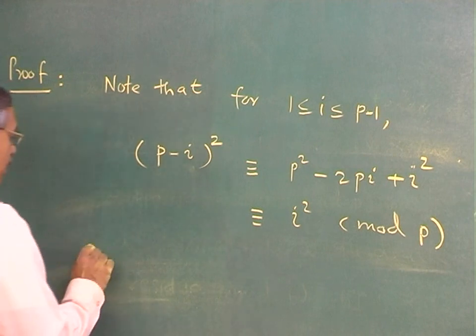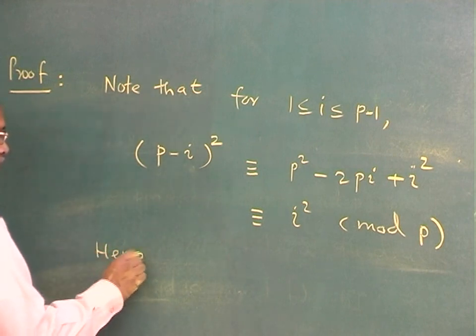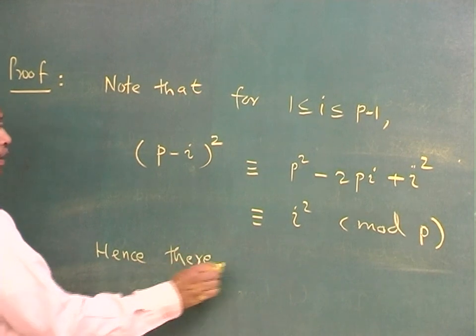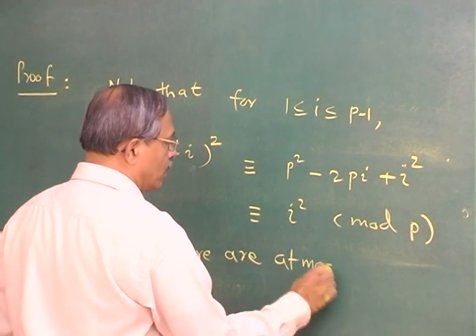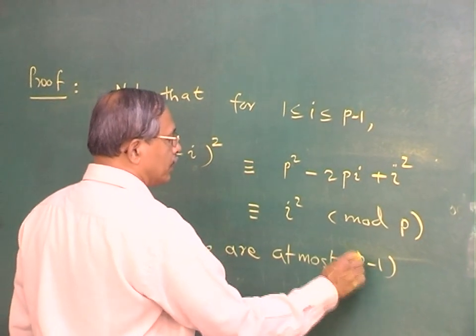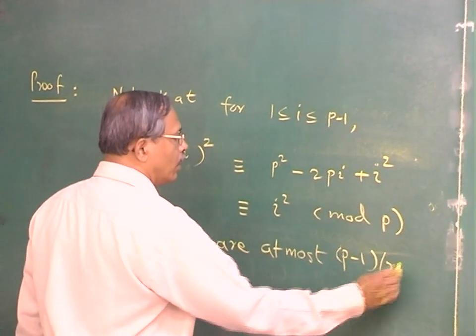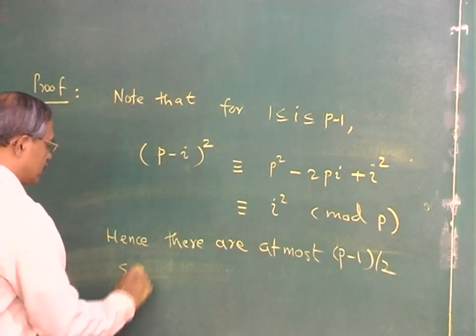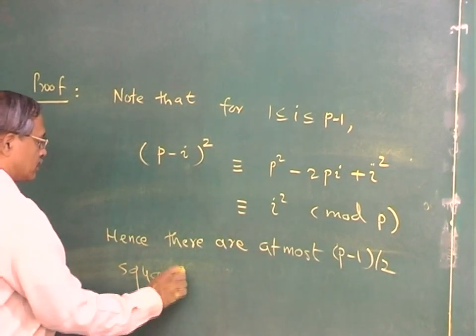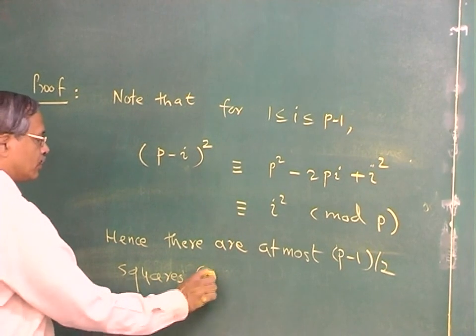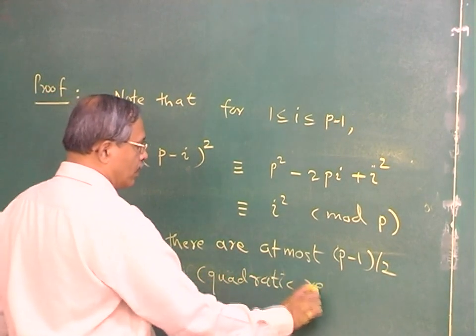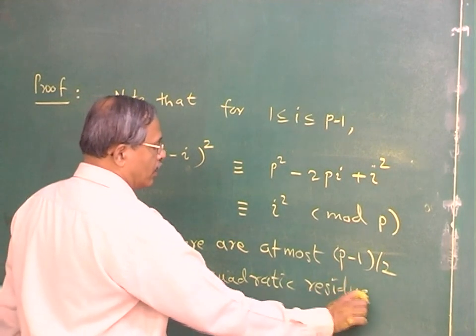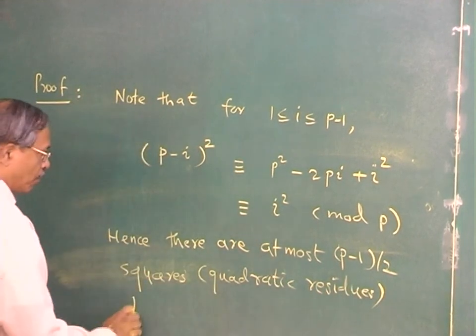Hence, there are at most p minus 1 by 2 squares. Squares means quadratic residues mod p.